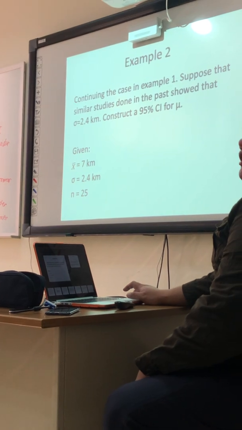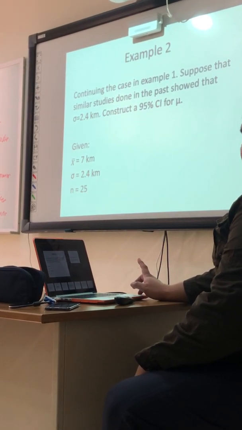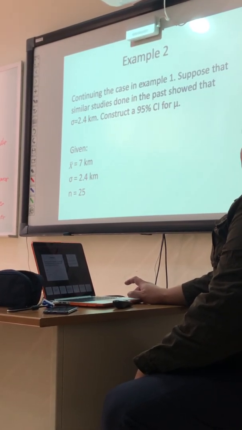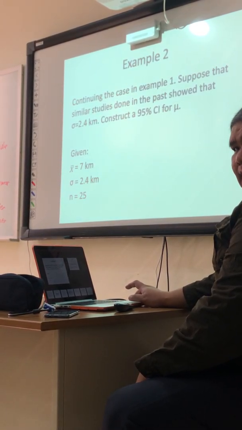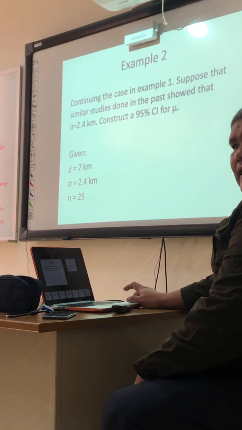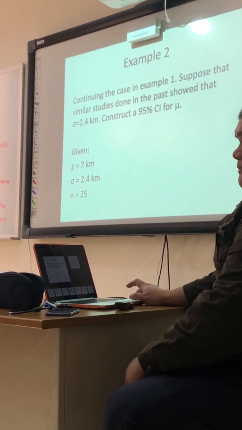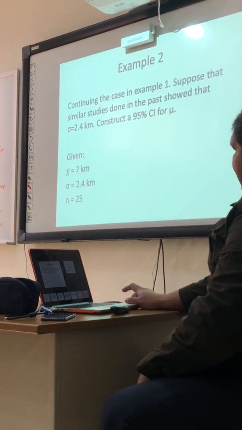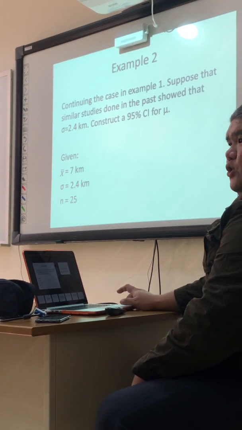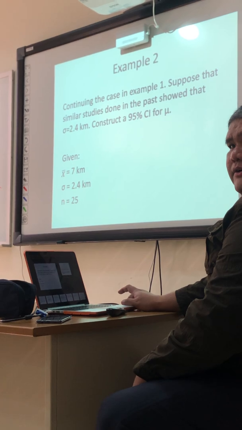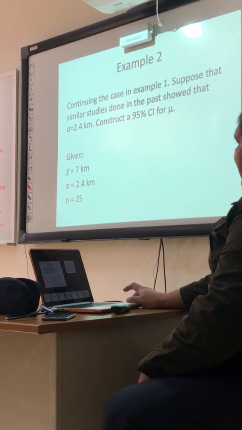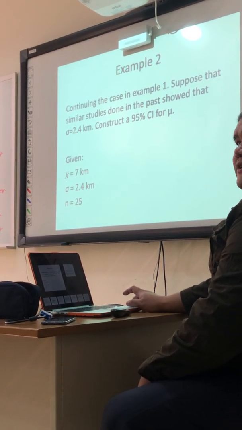If we will be continuing our discussion, our problem, I want to construct a 95% confidence interval. Now, do we have all needed in estimation? It says here, a similar study done in the past showed that sigma is equal to 2.4. Construct a 95% confidence interval.